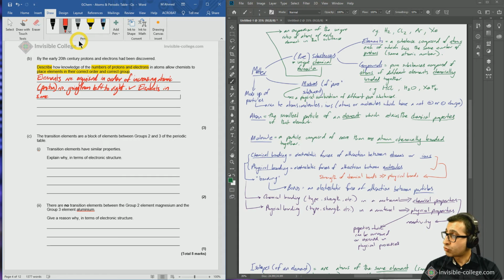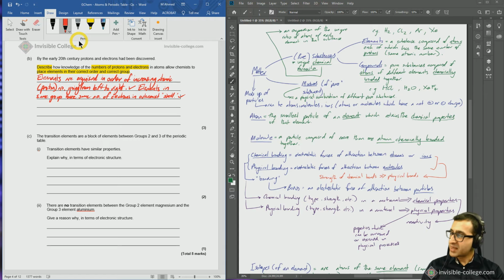So elements in the same group have the same number of electrons in the outermost shell. I'm using the term shell here in inverted commas because, strictly speaking, it's the highest occupied energy level, but for GCSE level this is fine. So this would get you the second mark of the 3 marks available.